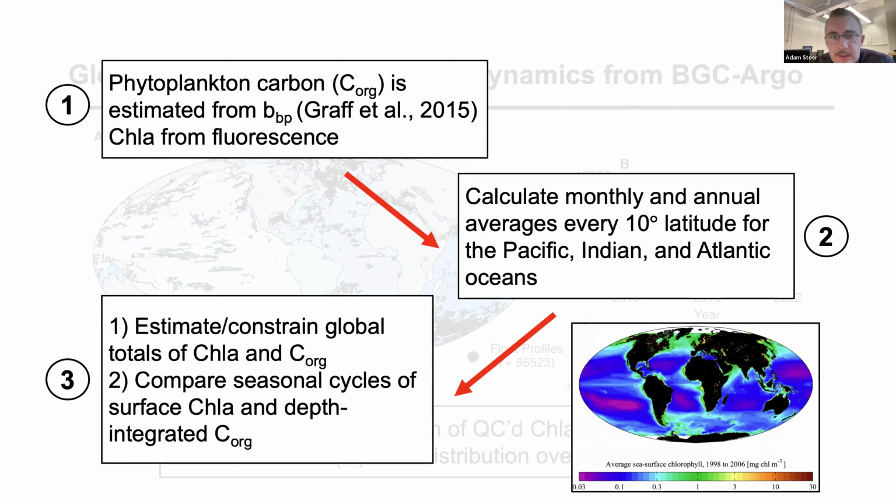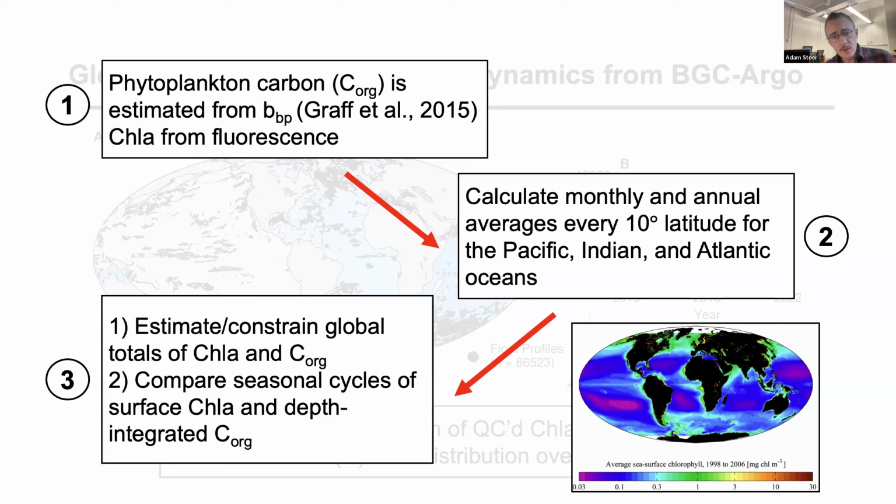And so I'll just quickly go over the methods here. I'm going to take some liberties that people are already aware of, using backscatter as a proxy for carbon biomass. But we use the algorithm from Jason Graff and colleagues to convert particle backscattering to phytoplankton carbon. And then we use the chlorophyll estimates from the fluorometer on the floats.